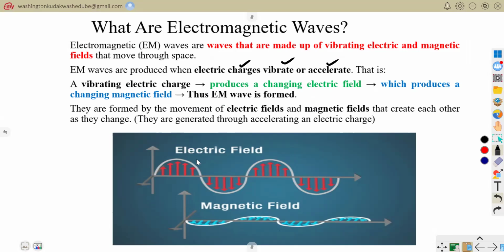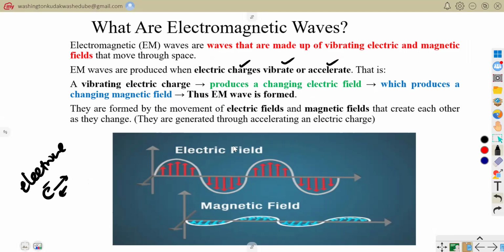So we are saying that initially we will be having an electric charge that we can take an example of an electron. We know that an electron is negatively charged. So by having an electron, when it actually gets to vibrate back and forth, what it is actually doing is it is changing the electric field, which is the region in which you can actually get to feel the electric field force.